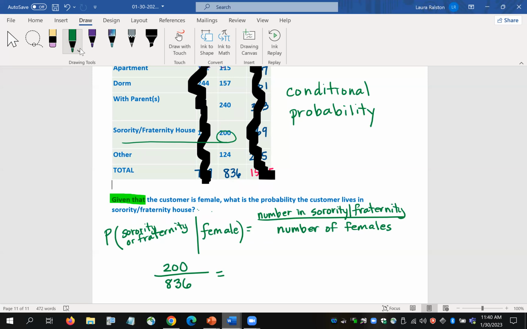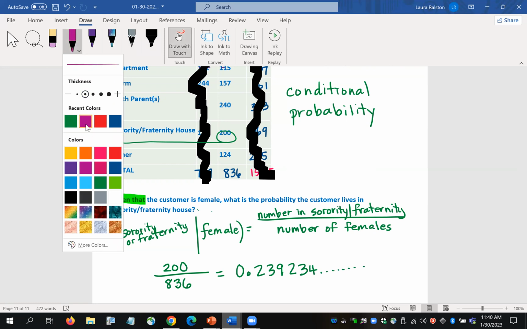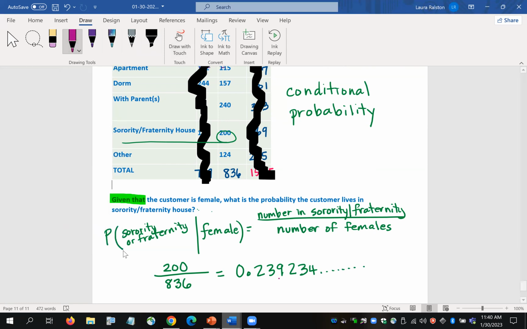So 200 divided by 836 is 0.239234. Again, you're rounding to 3 places. The 9 is in the 3rd place. Next door is a 2. It doesn't change it, so this is 0.239 or 23.9%.